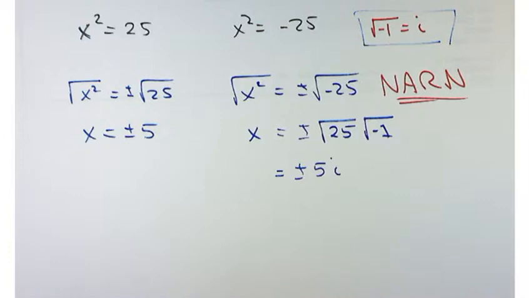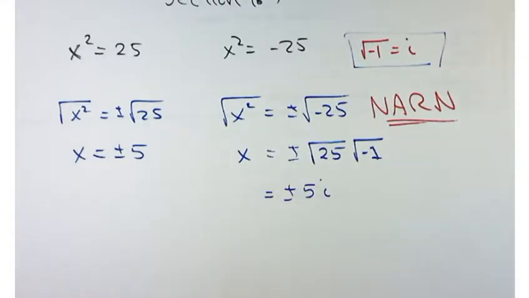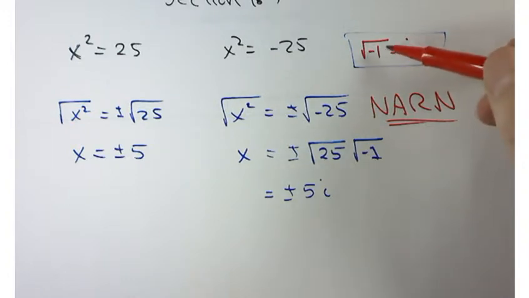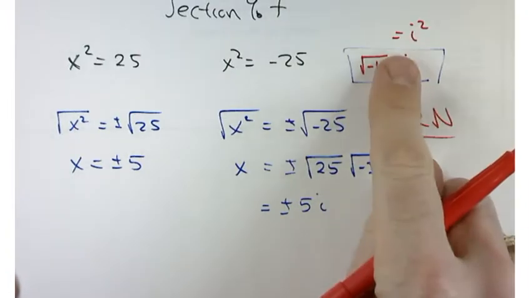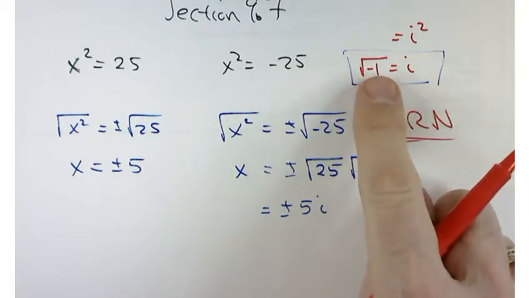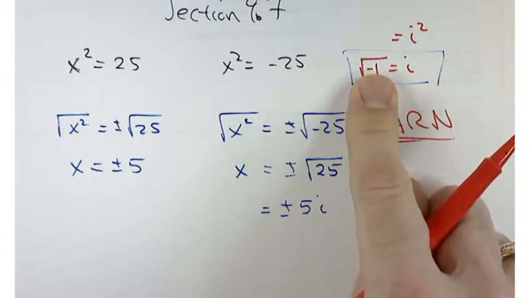But does it work? Well, probably the most important fact to go along with this, that the square root of negative 1 equals i, is this. What do you get when you square both sides of this? When you square a square root, those operations are inverses of each other. They undo each other.